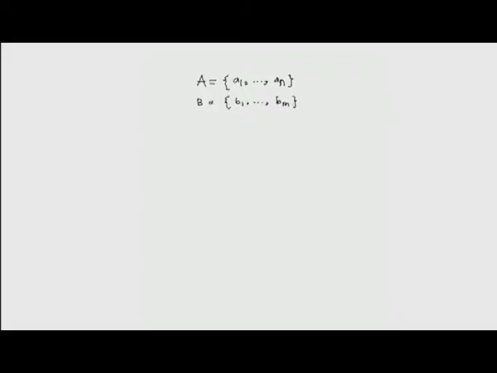Now, suppose R is a relation from A to B, and of course, n and m are finite positive integers. What we can do is that we can label the rows and columns of a matrix by the elements of A and B respectively.